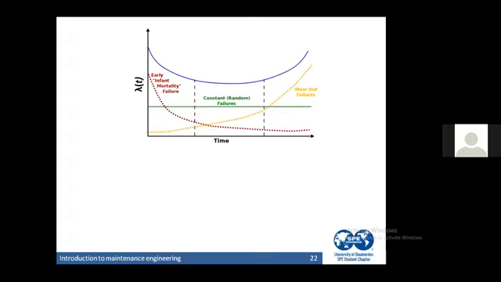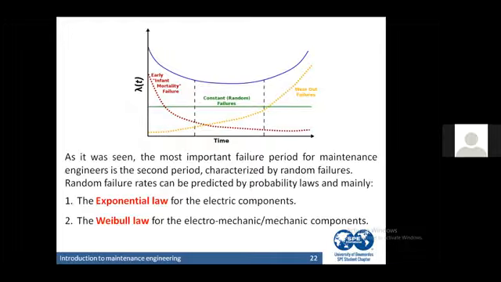And let's define it, not this time by tribology, but by probabilities and by reliability science. The most important part or phase for us as maintenance engineers, as we said before, is the second phase, which is the constant or random failures.